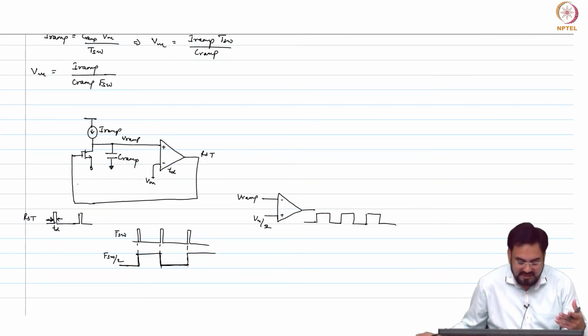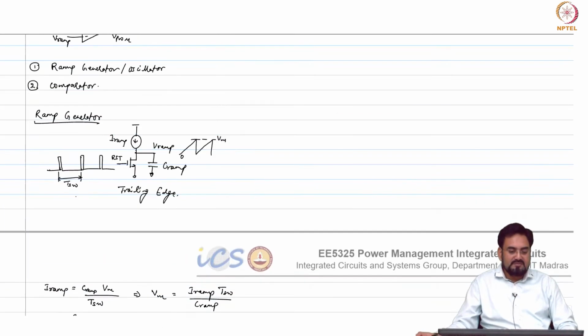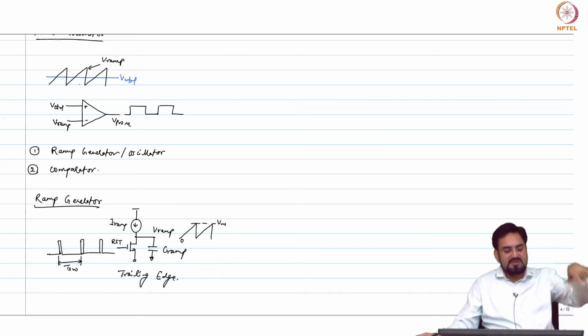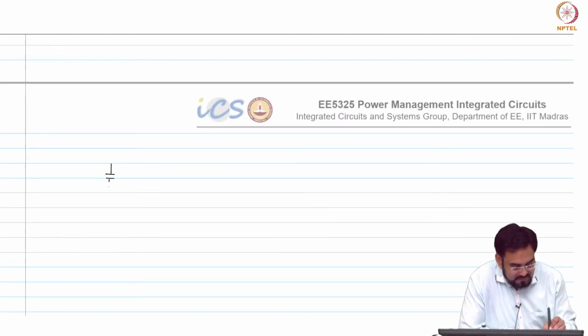So, this was a trailing edge. How do we do leading edge? Let us say I want to do a leading edge. Yeah, PMOS, and you set it. And you will discharge.